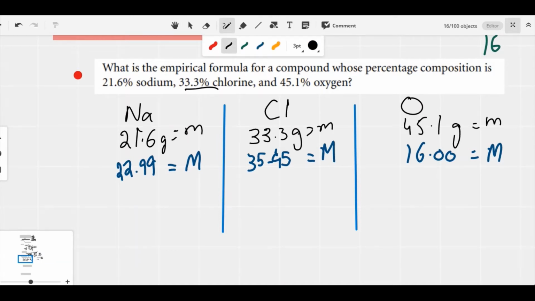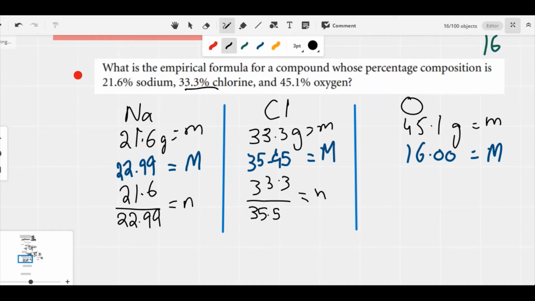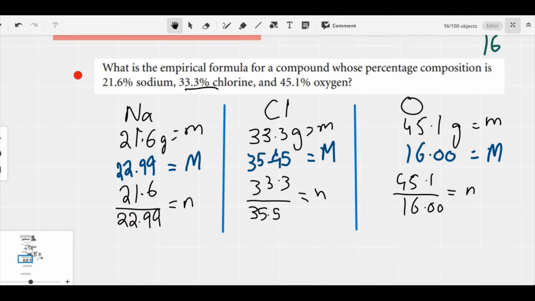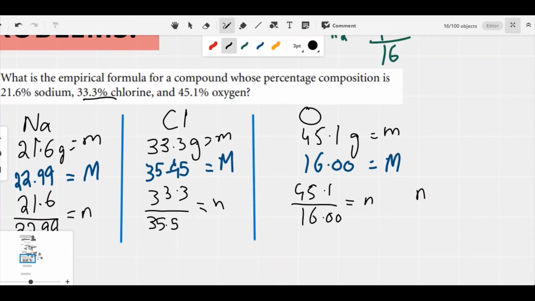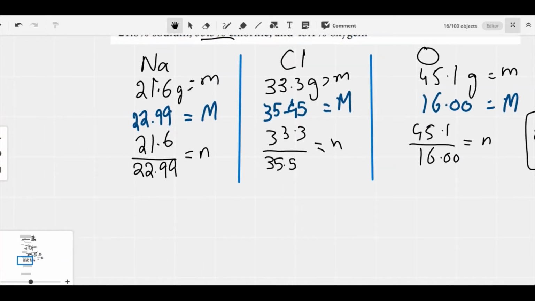Sodium would be 21.6 divided by 22.99 equals n, then 33.3 divided by 35.5 equals n, and 45.1 divided by 16.00 equals n, because we know that moles n is equal to mass divided by molar mass. That is the formula for finding moles.